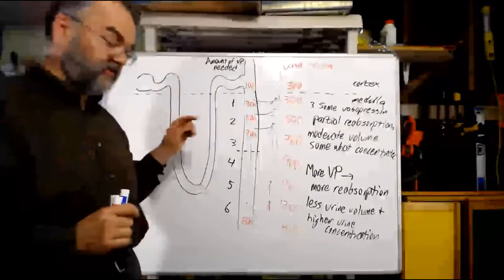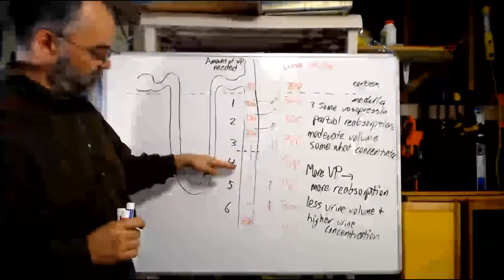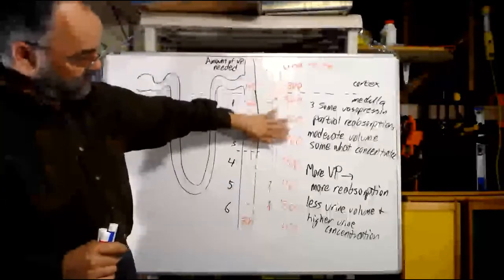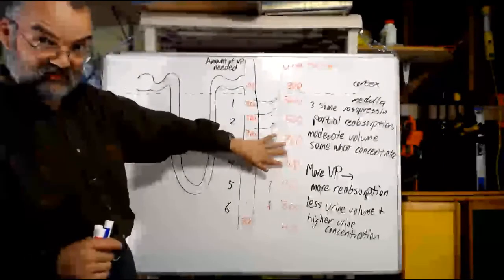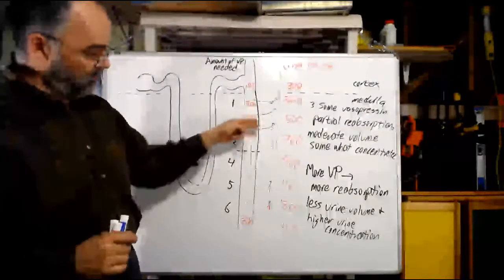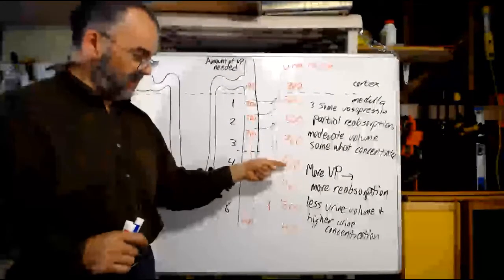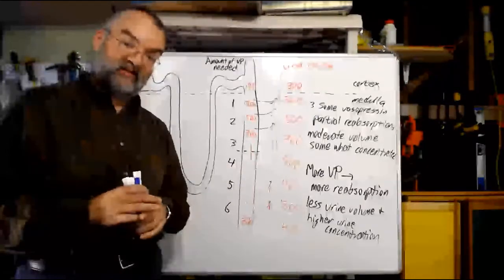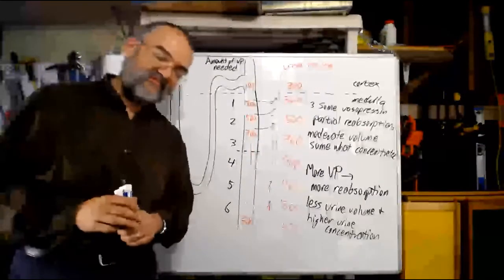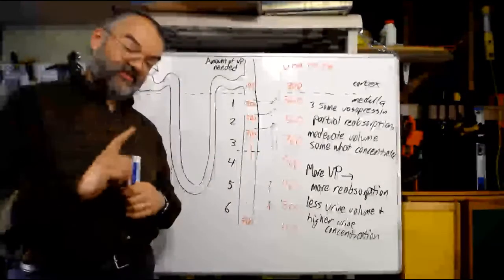Okay, 4 units of vasopressin means these cells respond, which means all of these osmolarities can act on the urine. So I'll be pulling out water all the way along here, but not here. Meaning I would probably produce urine at about 900 milliosmolar in that case.